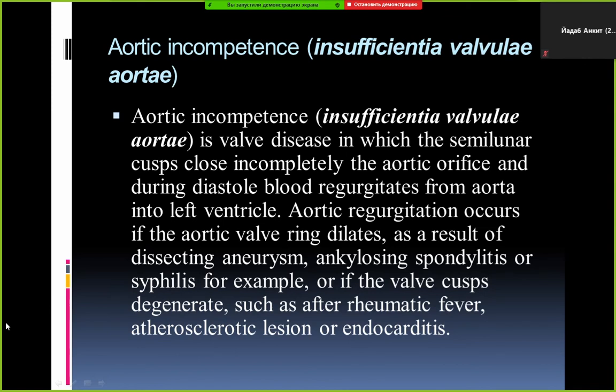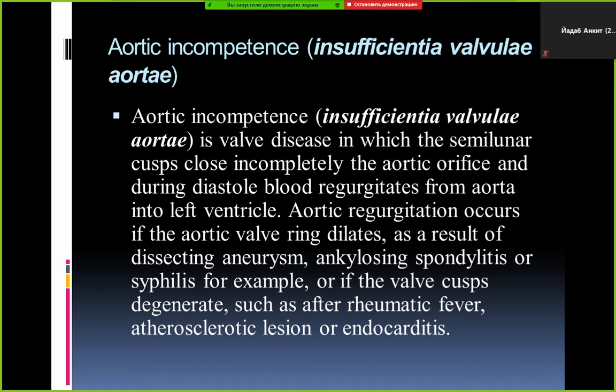Next defect, aortic incompetence. Aortic incompetence is a valve disease in which the semilunar cusps close the aortic orifice incompletely, and during diastole blood regurgitates from the aorta into the left ventricle.